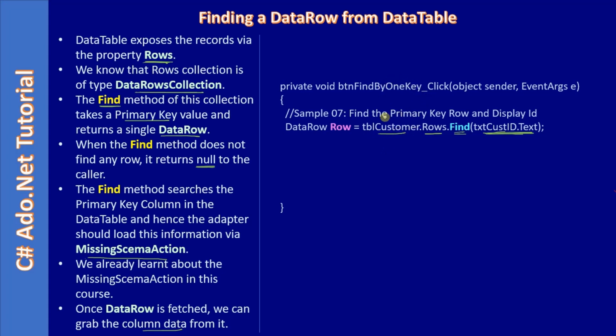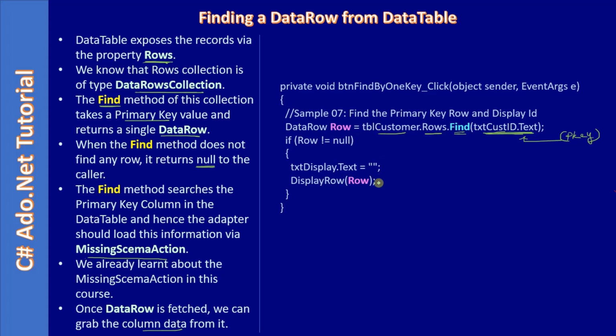But what you have to concentrate on is data table, we are accessing the rows collection, and on that rows collection we are making use of the find method. Then here we are passing the primary key value. So the primary key is customer ID as per the backend database. Next, if row not equal to null, that means the key that we supplied to the find method returned a valid data row.